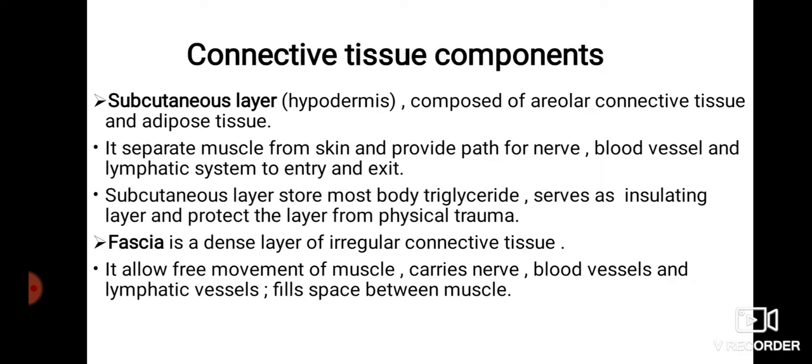In the subcutaneous layer it provides a path, and the fascia carries these nerves, blood vessels and lymphatics into the muscle. This fascia also fills the space between the muscles.